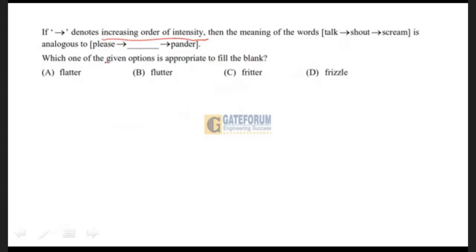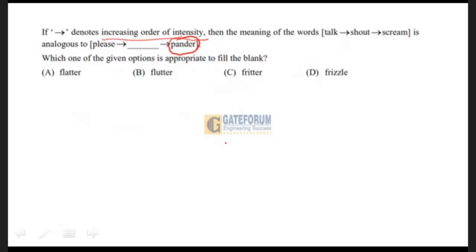Okay. Now amongst the given words, what can be the one? See, please. Please means one is please give me the pen. That please is there. There is another meaning. Please means making someone happy. Now, what is the meaning of pander? Here the students are facing the challenge. Pander means unduly satisfying someone's not so very good desire.